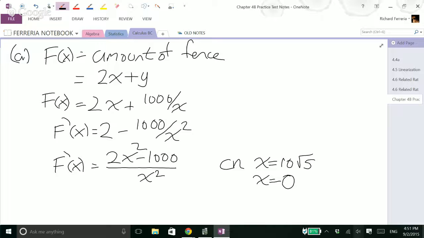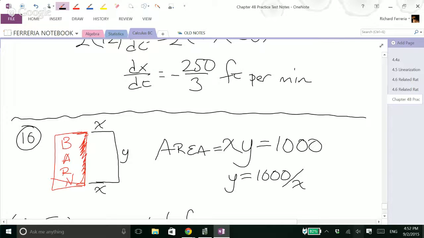How do I know if that's a minimum or a maximum? This time, the candidate test doesn't work because x could go down toward 0, but how long could x be? Take a look at my diagram. Can it be 100? If x is 100, then y is 10. Can it be 1,000?